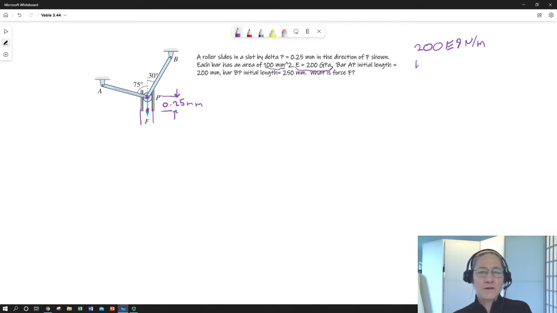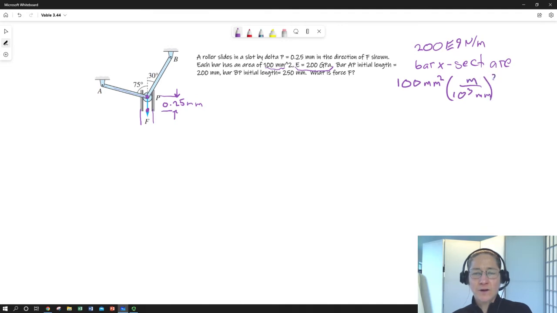We have a bar cross-sectional area of 100 millimeters squared, which we can convert over to meters. So we've got 10 to the 3rd millimeters per meter squared, so we're going to end up dividing by 10 to the 6th.